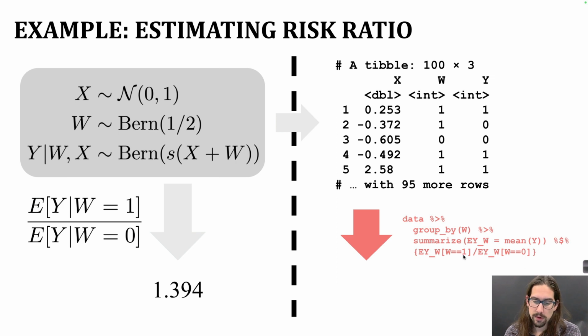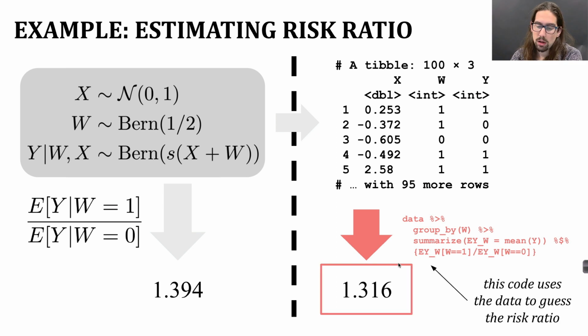And so what I've done is I've written some code. My code splits up the data into groups, W equals 1 and W equals 0. So the exposed people and the unexposed people in the data. And then I just take the average value of Y in both of those groups, and then I divide. So I'm basically doing this, but instead of with the population data, I'm doing this with the sample that I have.